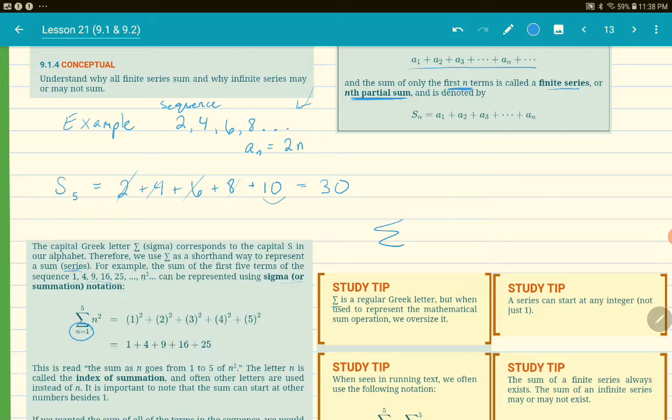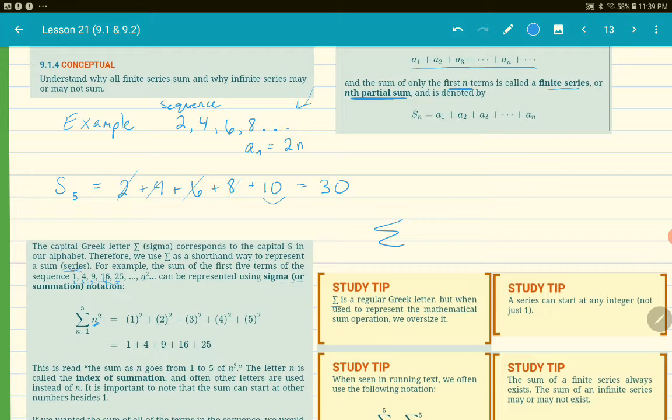Remember, this is the first term, second term, third term, fourth element, fifth element, and then we go all the way up to 5. So it tells us which term we start on and which term we end on. And then we use the sum of this formula.